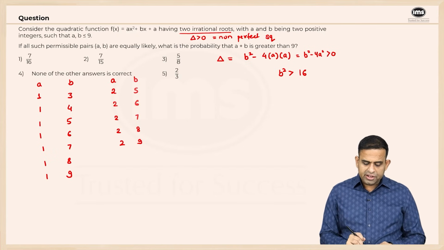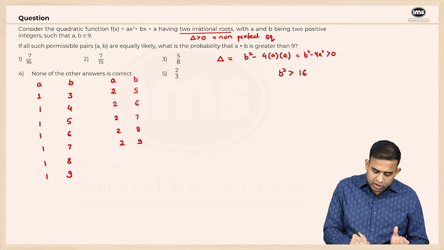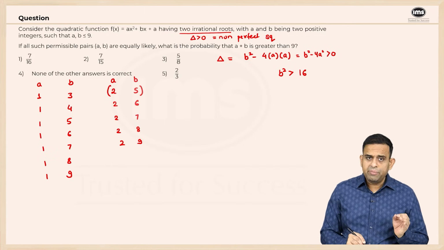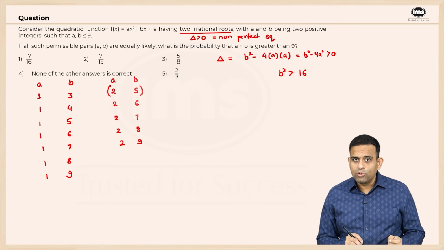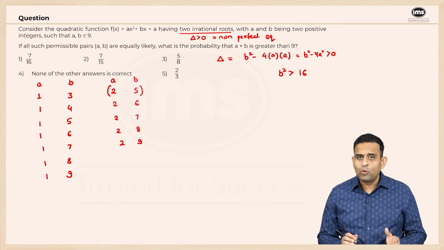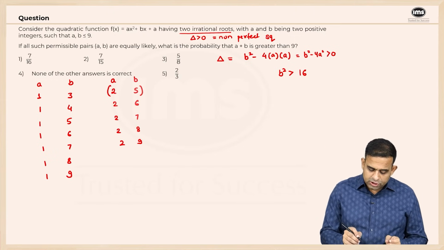Now in this particular context, the term b square minus 4a square for b equal to 5 will become 25 minus 4 into 4, 25 minus 16, equal to 9, and at that particular moment the roots are going to be rational and not irrational. That's why this case is going to be ruled out.